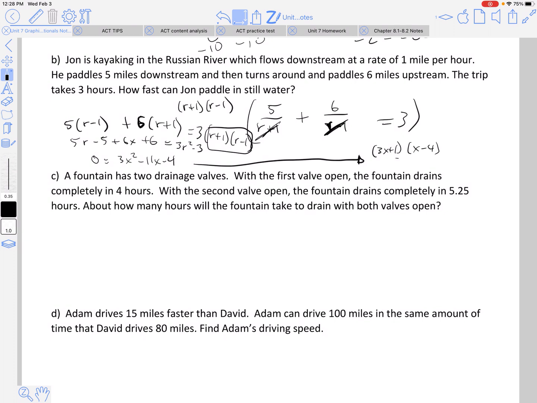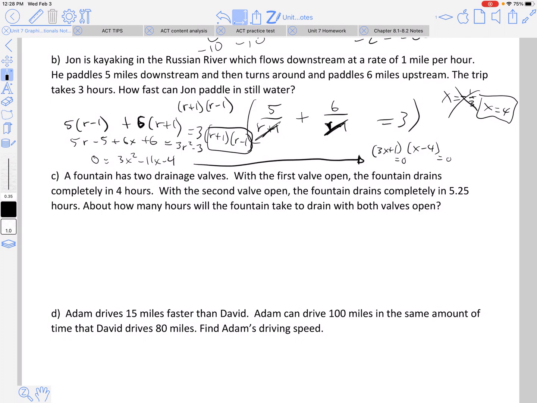I'm going to set each one of those equal to 0 and solve, and when I do the first one, I'm going to get negative 1/3, and the second one I'm going to get 4. Now you can't have a negative rate, right, if you're paddling, unless something really crazy is going on. So he can paddle at 4 miles per hour.